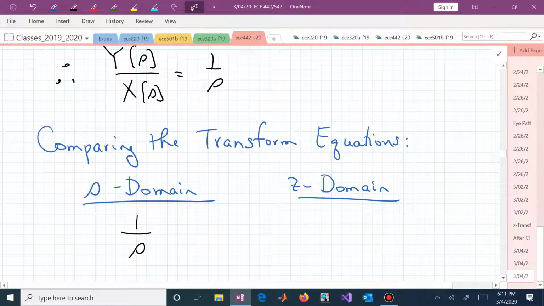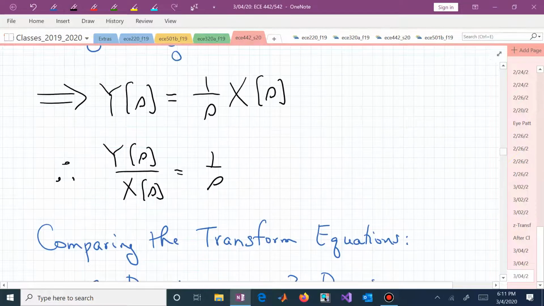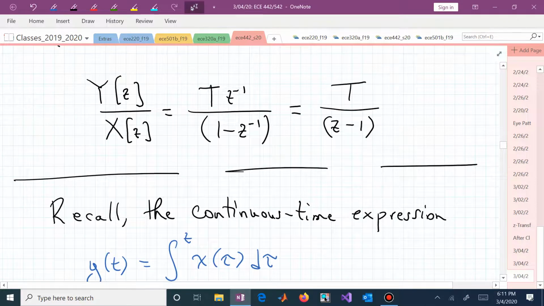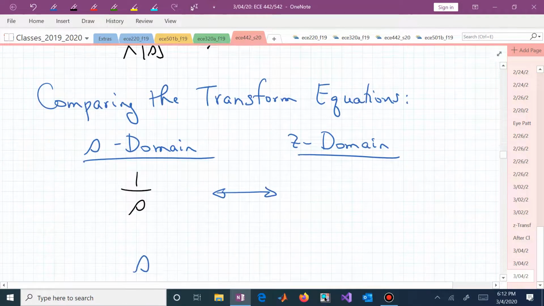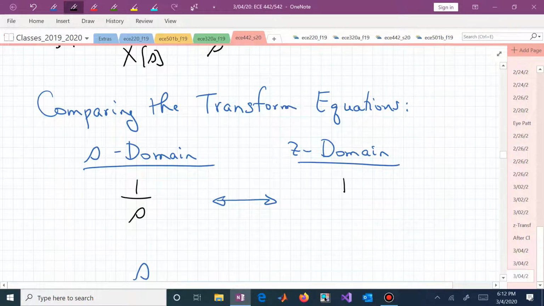In the S domain, it's 1 over S. What was it in the Z domain? Capital T over the factor Z minus 1. So let's now put that in here. That's now T over Z minus 1.